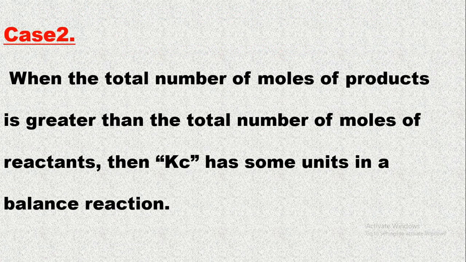In the second case, we will look at the number of moles of product. If the number of moles of product is greater than the number of moles of reactant, then the equilibrium constant Kc will have a unit in a balanced reaction.